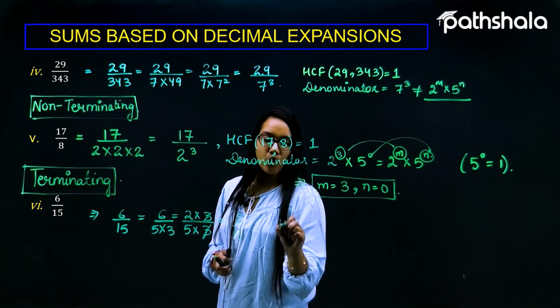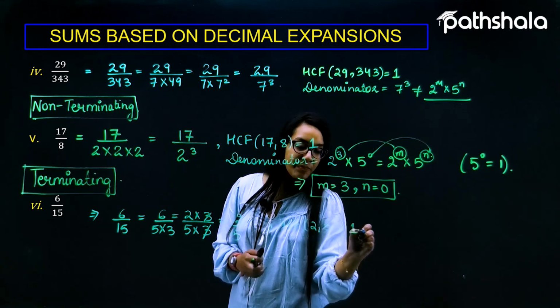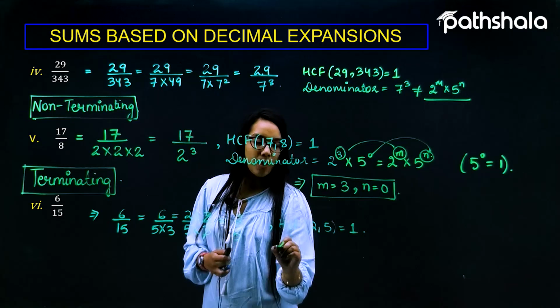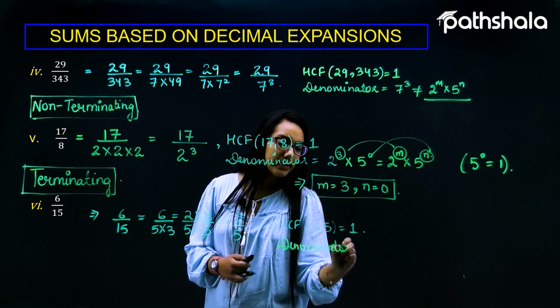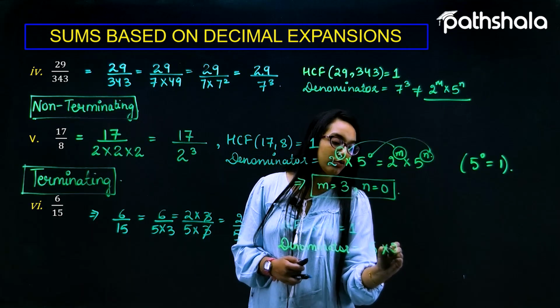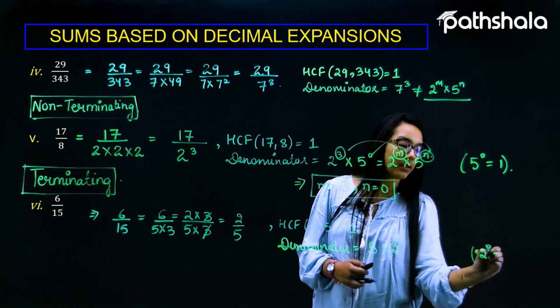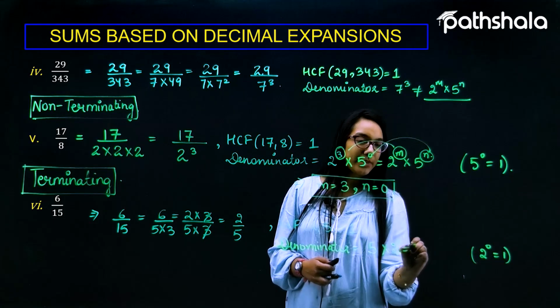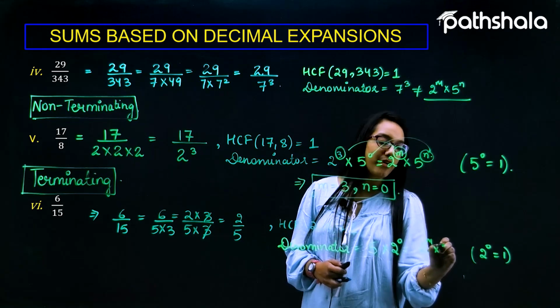The highest common factor of 2 and 5 is again 1, and the denominator is 5, which we can also write as 5 into 2 raised to the power 0, because 2 raised to the power 0 is 1. So this is expressible in the form of 2 raised to the power m into 5 raised to the power n.